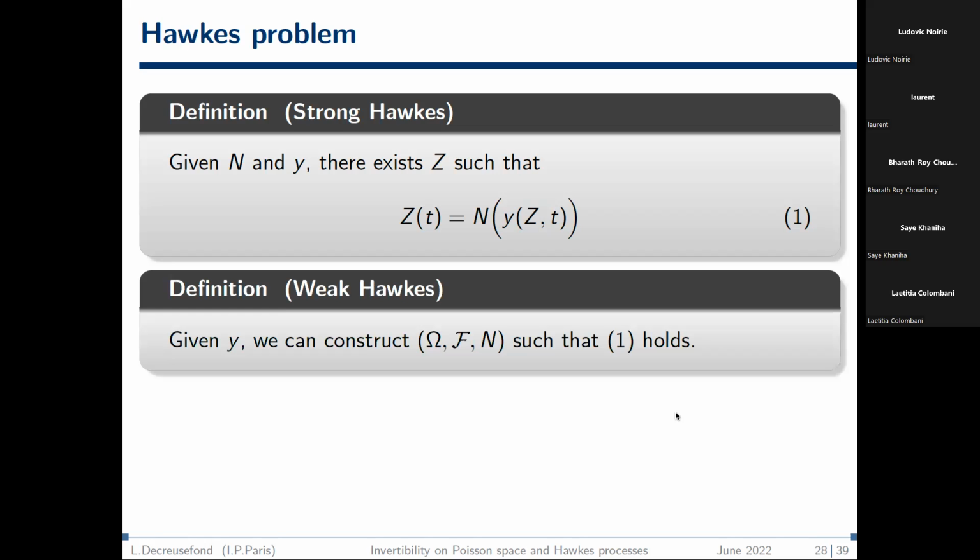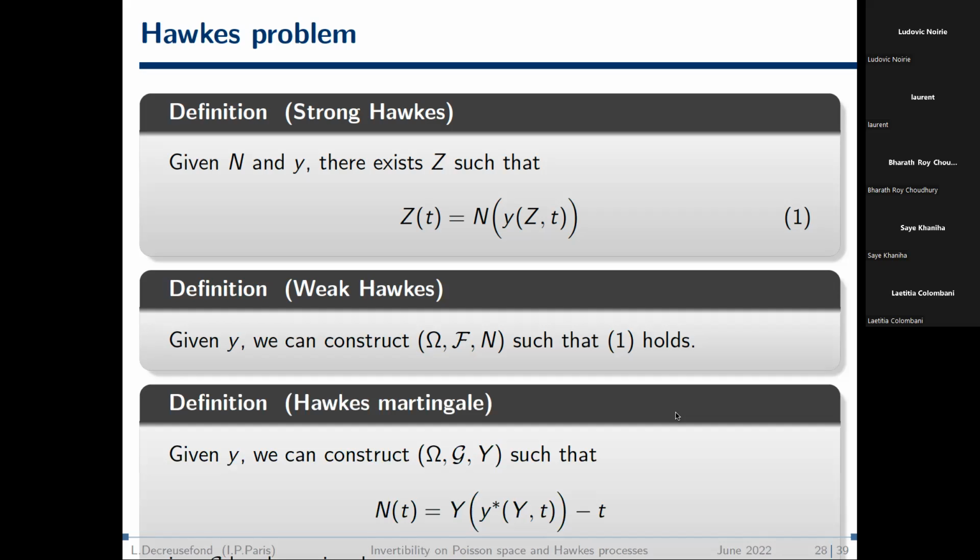The second definition: given Y, can we construct another probability space, another filtration, another N, with a Z on it such that this holds. The other problem is: given Y, can we construct another probability space and filtration such that this process N minus the integral of Y is a local Martingale. That means, is this process a Poisson point process of intensity 1?